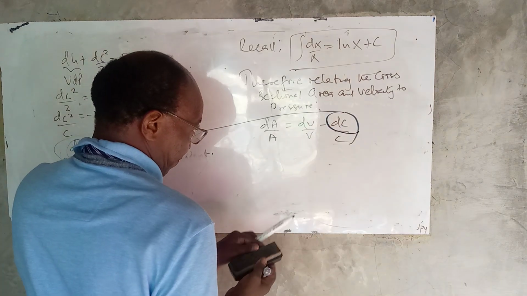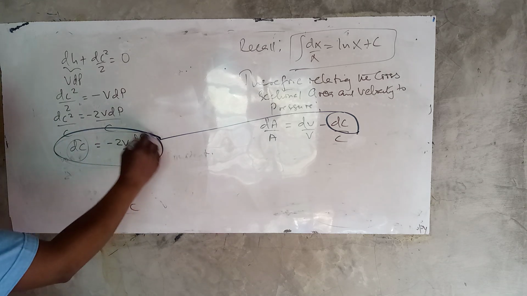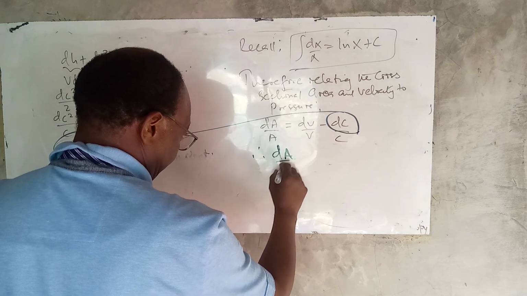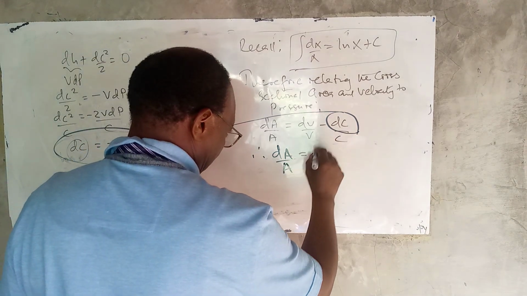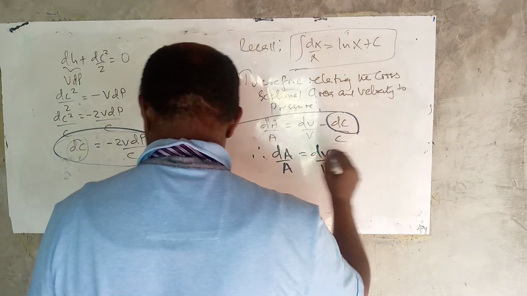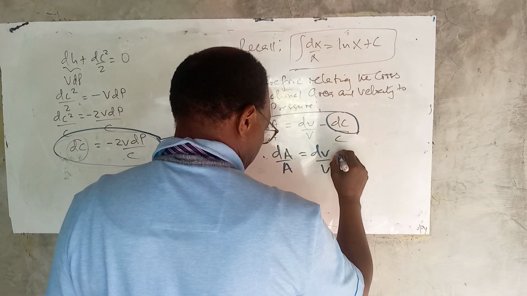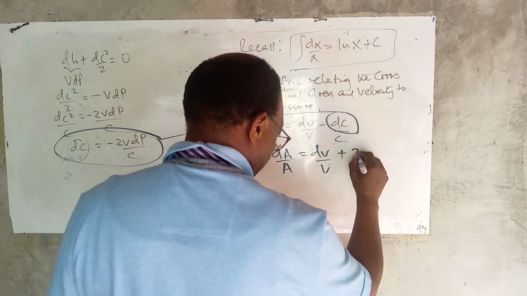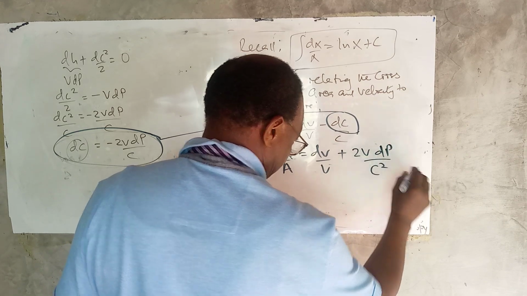Therefore we have dA over A equal to dV over V minus, and remember there's a minus sign there, so it becomes plus 2V dP over C squared.